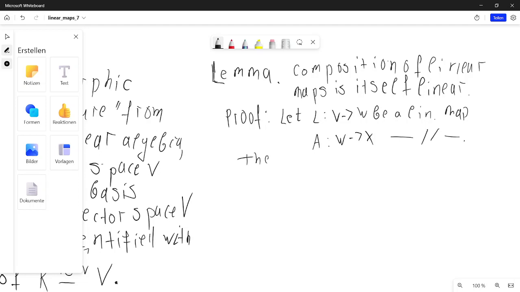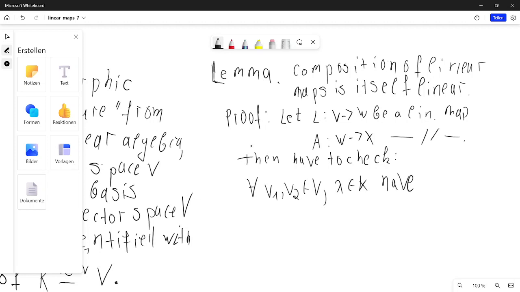Then we have to check, for v1, v2 elements of V and lambda an element of K, we can do a composition, right? We have to check that A composed with L, this is the evaluation of the composition, right?